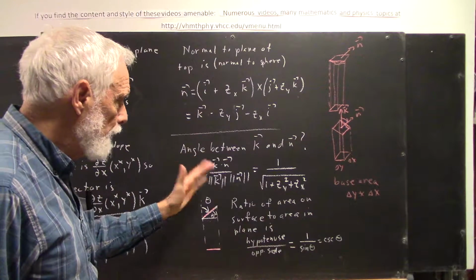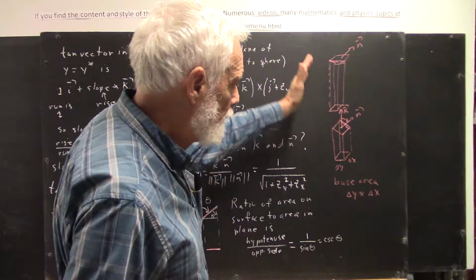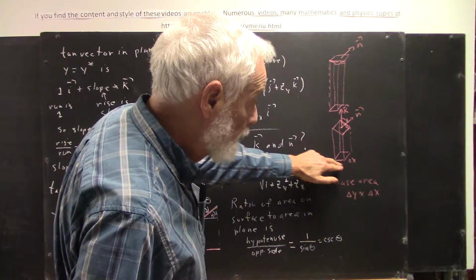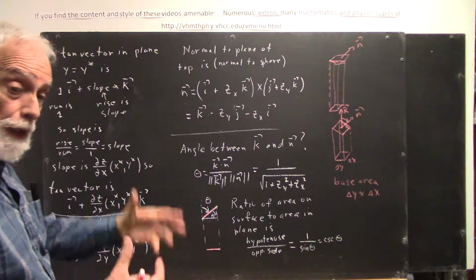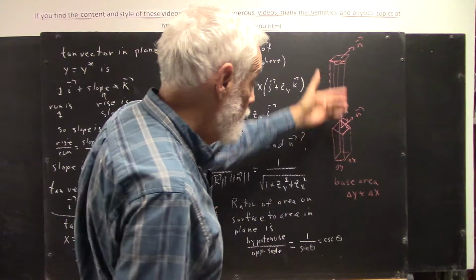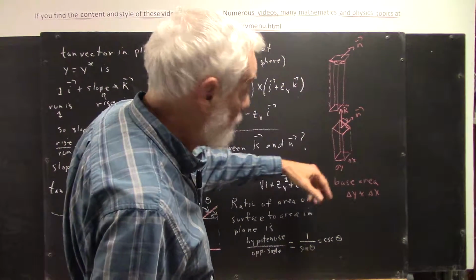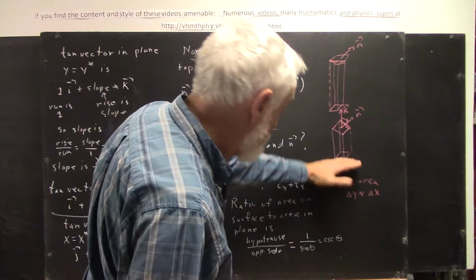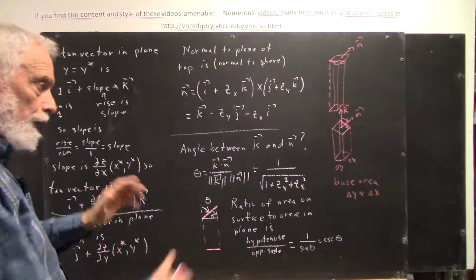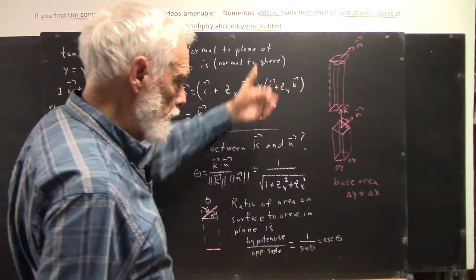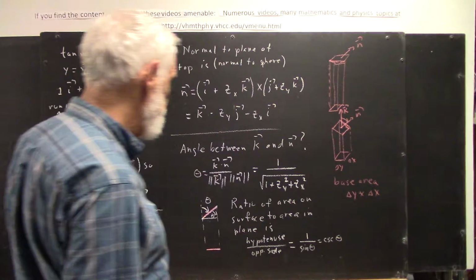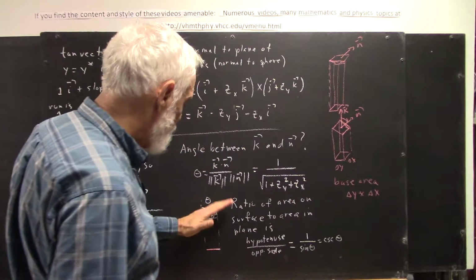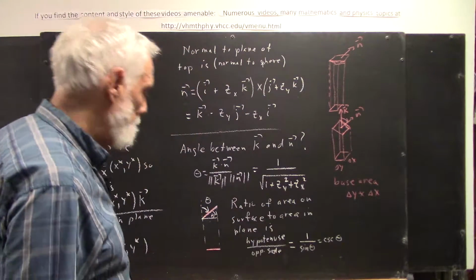If theta is 90 degrees, that means the top of this thing is horizontal, so it's just parallel to the base of this rectangle. So it's going to have the same area because you're going up here perpendicular to the xy plane, and now you're intercepting it with a plane that's parallel to the xy plane, and it's very clear that the area of the top would be the same as the area of the base. Okay, it'd be a rectangular solid if this angle was 90 degrees.